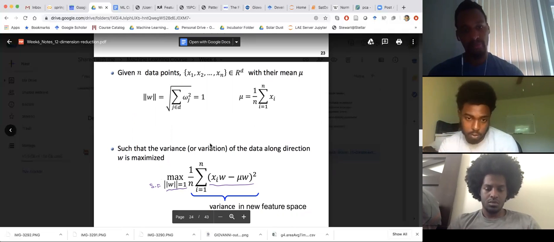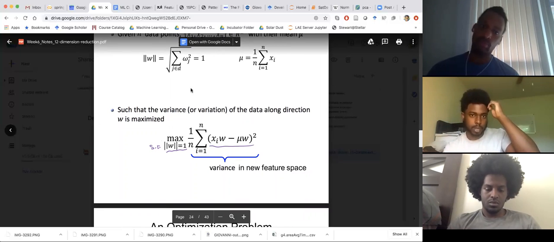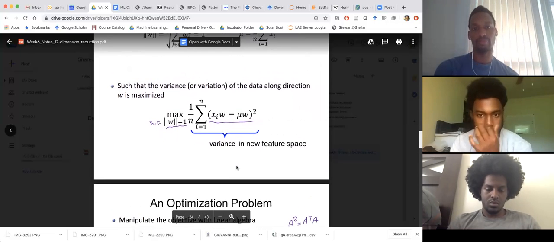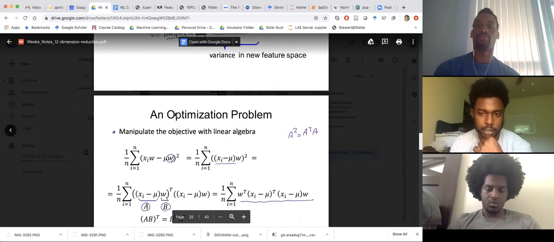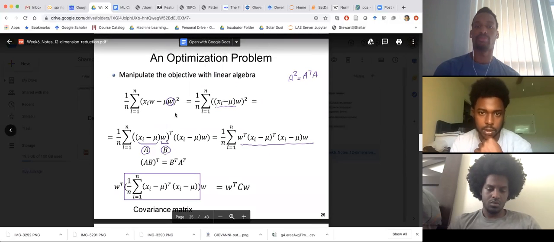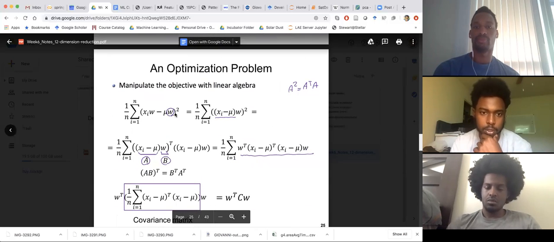Okay, so I guess the variance in this new feature space is this variance equation multiplied by the direction, the unit vector W. And we're maximizing the variance in the new feature space, right, to capture as much information. And this slide shows us that to maximize it, this becomes an optimization problem.